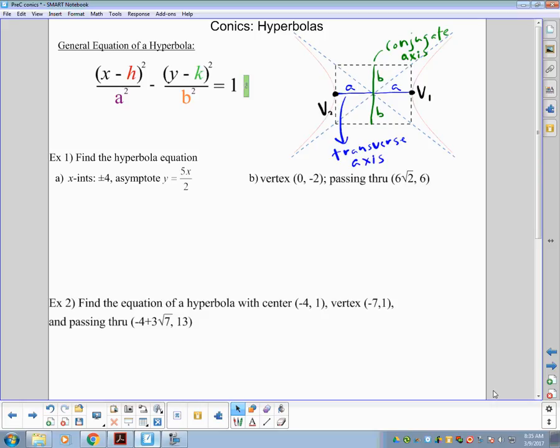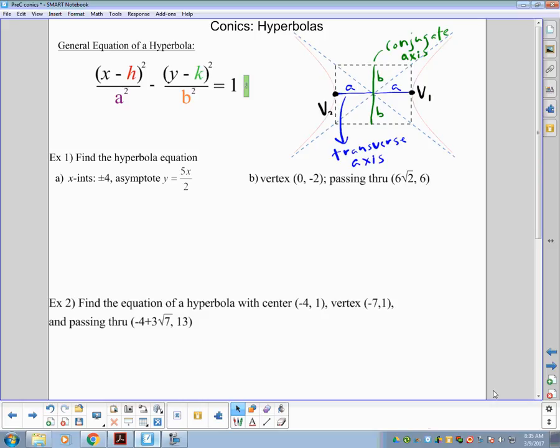So conjugate axis, transverse axis, vertex 1, vertex 2. The definition is kind of like it was for an ellipse. Remember, for an ellipse, the sum of the distances from a focus to a point on the ellipse to the other focus was always constant. Here, it's the difference that's always constant.